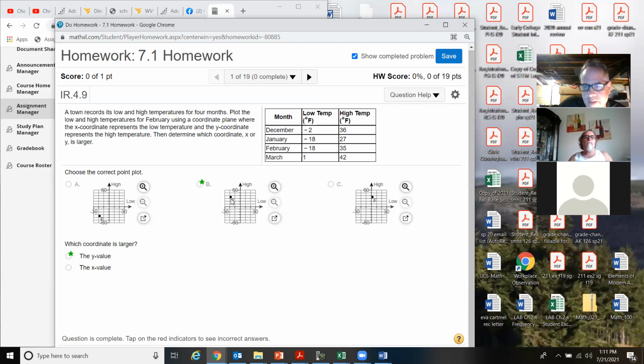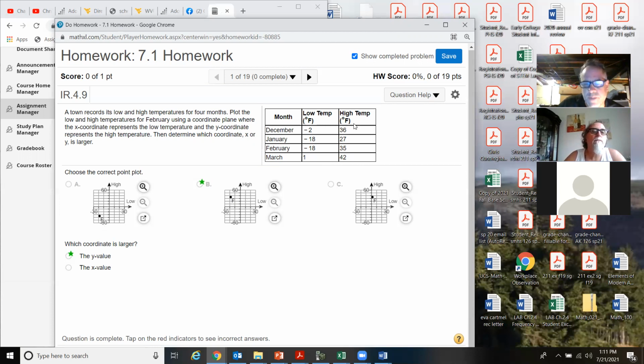Notice this point F, if I came down, would be a little bit before negative 20. Notice the lowest temperature recorded was negative what? 18. See how that lines up with negative 18? Now this one here that was not correct would also be at negative 18.